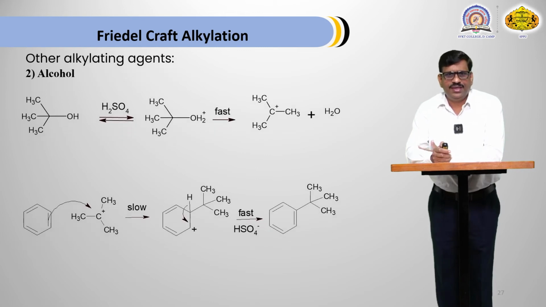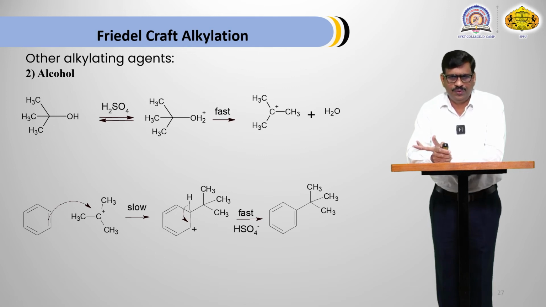Another alkylating agent, that is alcohol, can be used instead of alkyl halide. Here tertiary butyl alcohol is taken. When it is treated with acid, the OH group gets protonated. We know that OH is a very bad leaving group. When it is protonated, it is converted to OH2 positive. Now this OH2 positive is a very good leaving group.